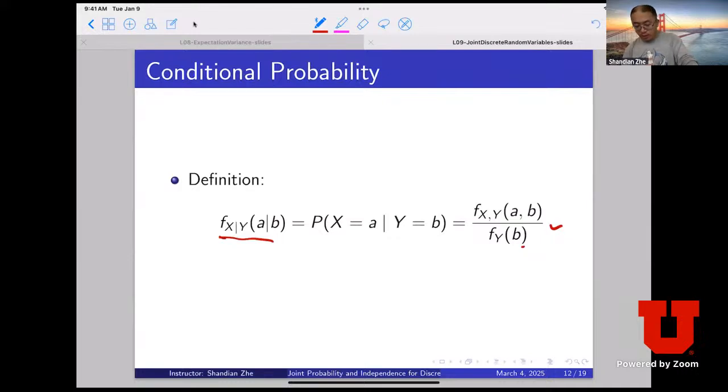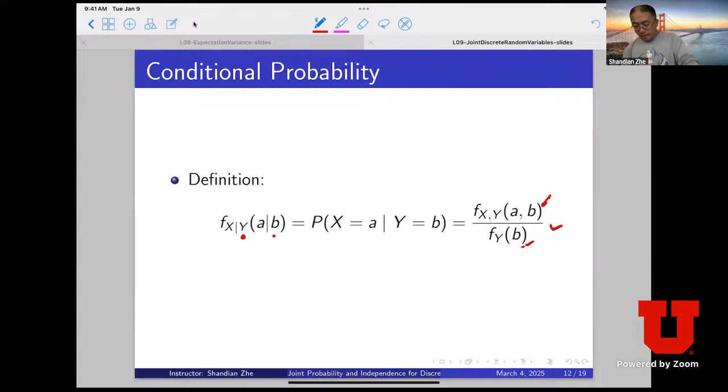So you see that we have a conditional part, Y. To calculate the conditional probability, we need to calculate a ratio. The numerator is the joint density function value, and the denominator is the marginal density function value for the conditional part. That's the definition.